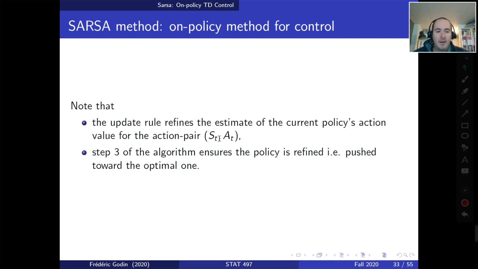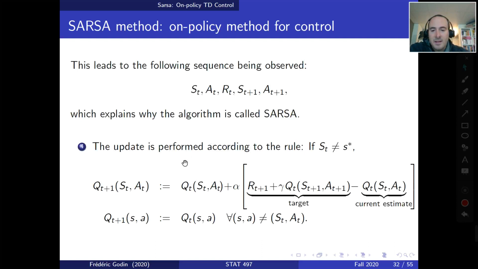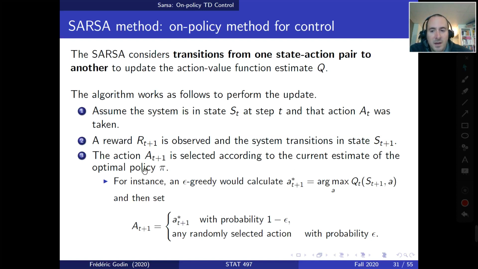Clearly this is similar to a policy evaluation step, because we're refining our estimate of the action value function. But where is the policy improvement step here? It's the third step, selecting the greedy action according to our action value function estimate.